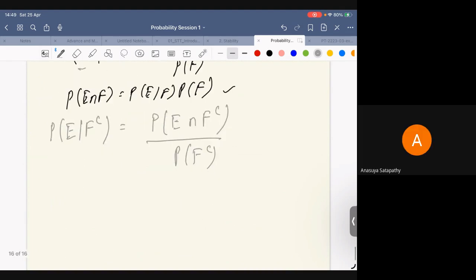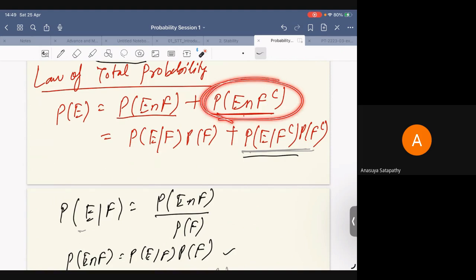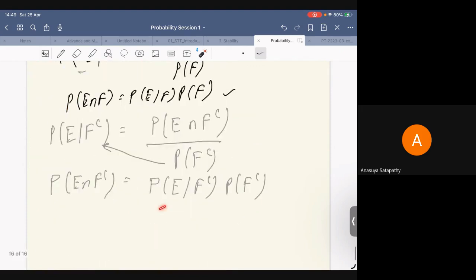So P of E intersection F complement is P of E given F complement times P of F complement, right? It's multiplied, and you will get the same thing. The intersection part is equal to the conditional probability multiplied by the F complement. It's the same thing which we got here.